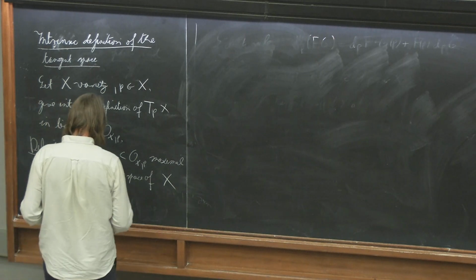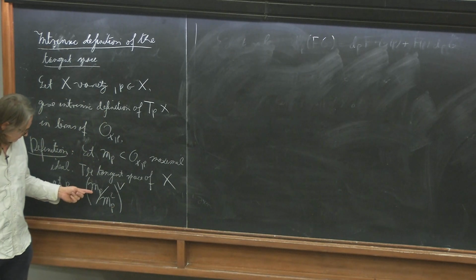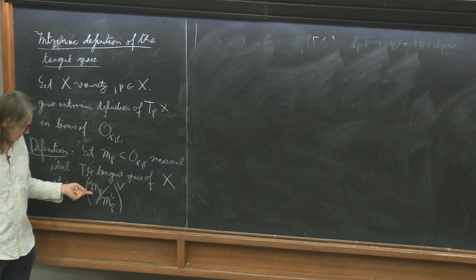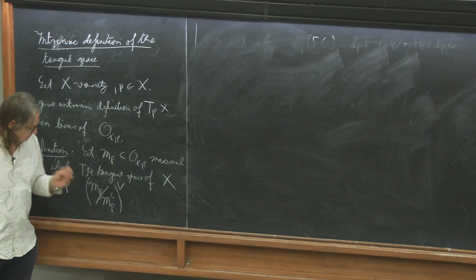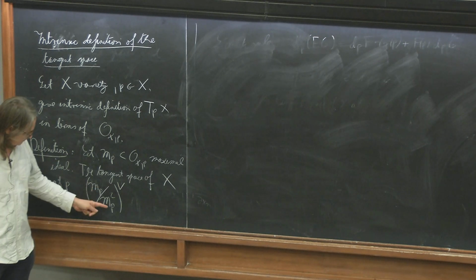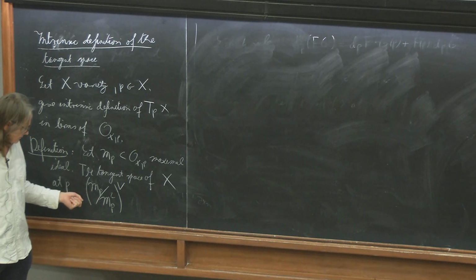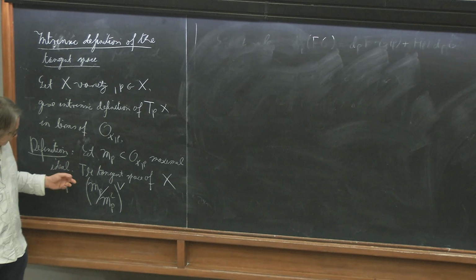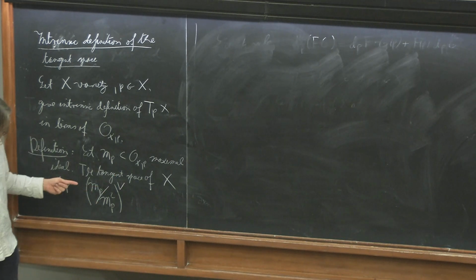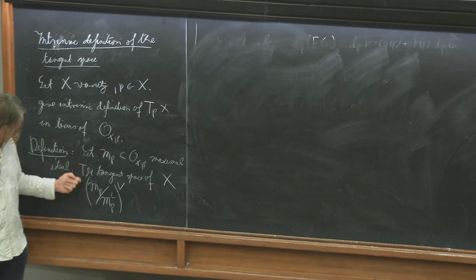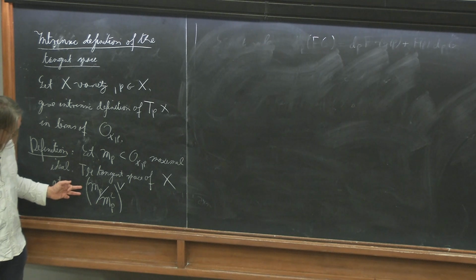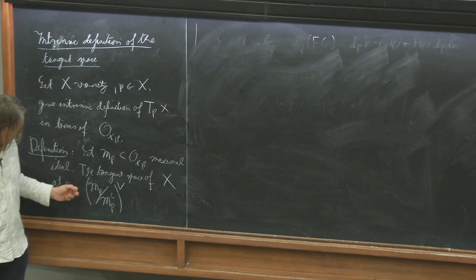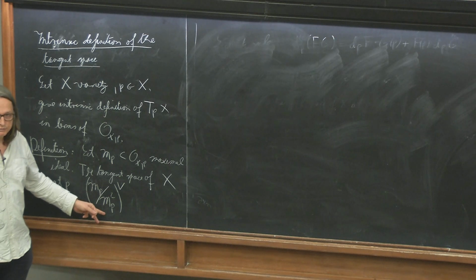Obviously M_P is an ideal in O_{X,P}, but if I take M_P modulo M_P squared, it is a K-vector space. A priori it would be a module under O_{X,P}, but if I multiply by any element in the local ring that lies in the maximal ideal, it brings this thing into the maximal ideal squared, so I get 0.